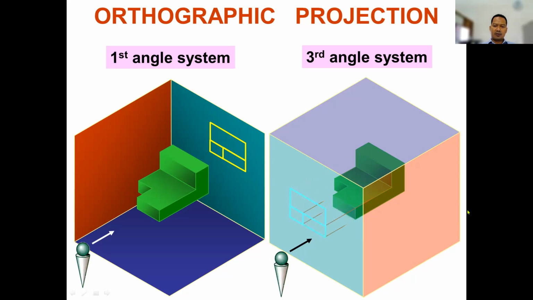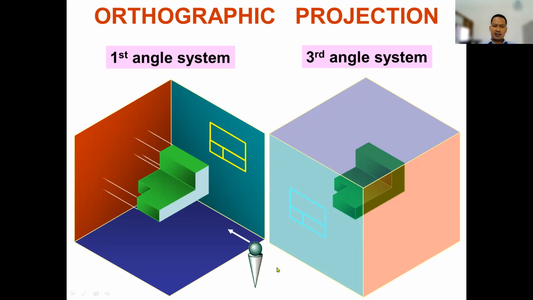Okay, this is the front view for the first angle system and the third angle system. What are the differences? No difference. For the front view, there is no difference. And then this is the right view.